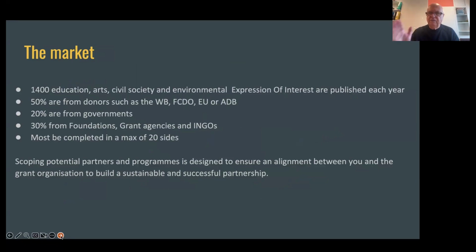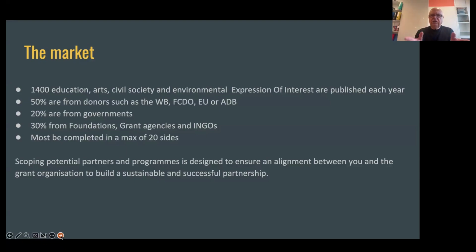So you can see 1,400 each year, every year, and there's no sign of that declining. 50% of those were from donor organizations such as the World Bank, the Foreign Office, the EU, the Asian Development Bank. 20% come from governments, but 30% come from foundations, grant agencies, or international non-government organizations.